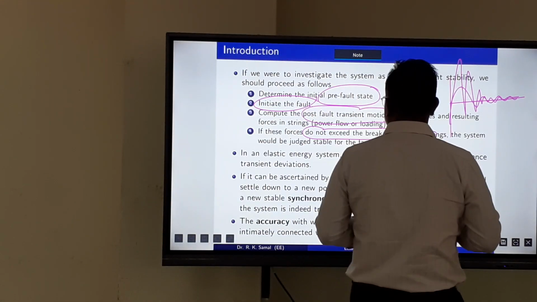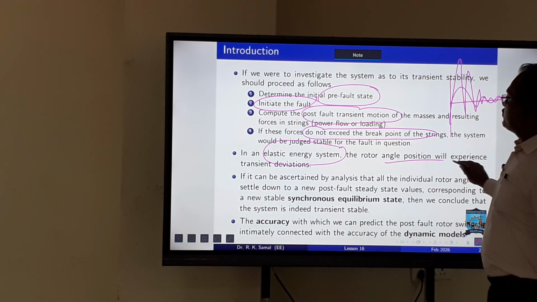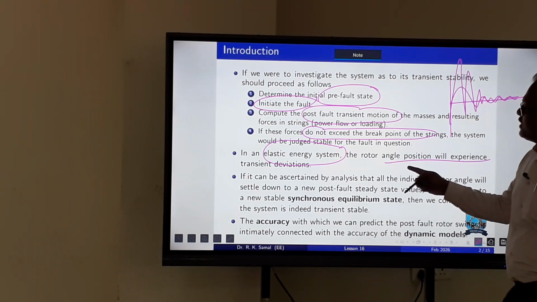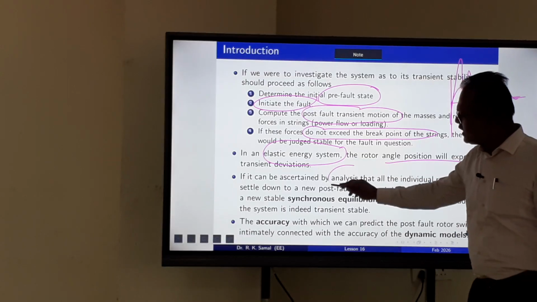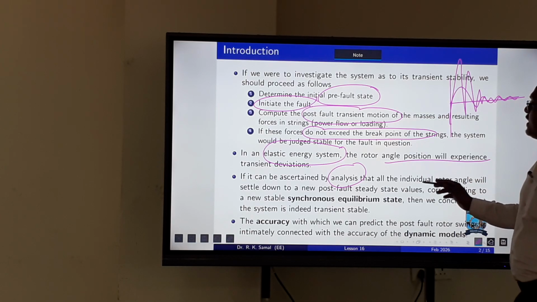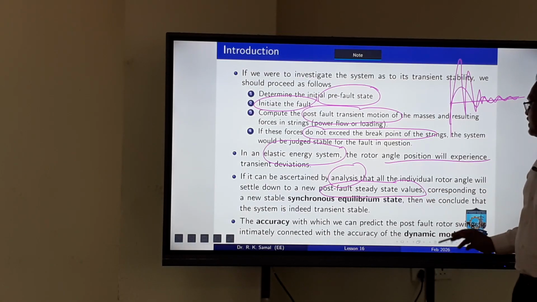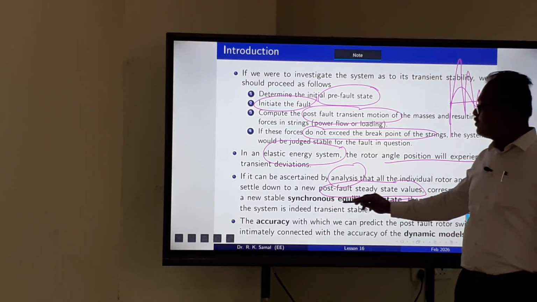So synchronous generator systems are generally known as elastic energy systems. The rotor position experiences transient deviation, and it can be assessed by analysis. So when we study transient stability, we are analyzing it, not exactly putting a fault on it. The individual rotor angles will settle down to a new post-fault steady state, corresponding to a new equilibrium state.